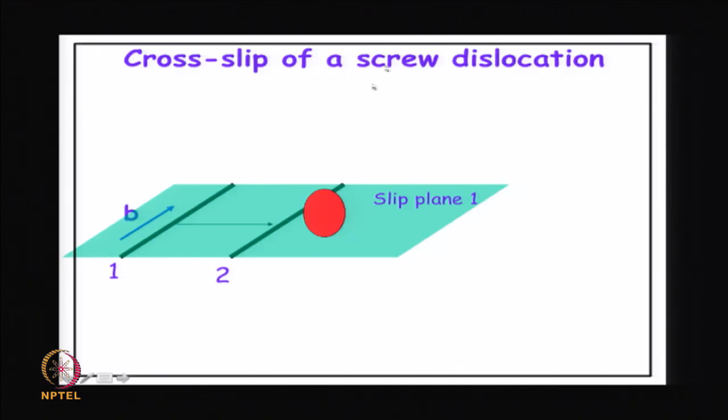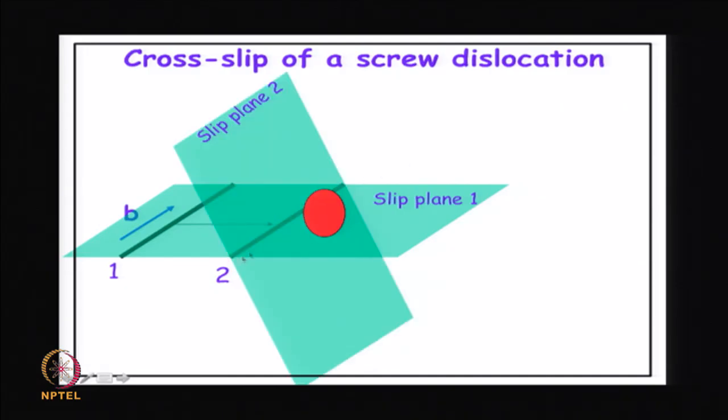So, suppose there is a precipitate particle, an obstacle in the motion of the dislocation such that it cannot continue its motion on slip plane 1. However, since it is a screw dislocation, any plane passing through the dislocation line is a possible slip plane. So, we can think of another slip plane 2, which is also passing through the same dislocation line.